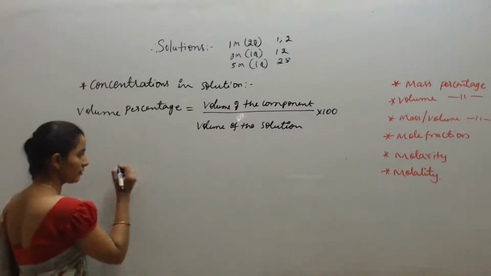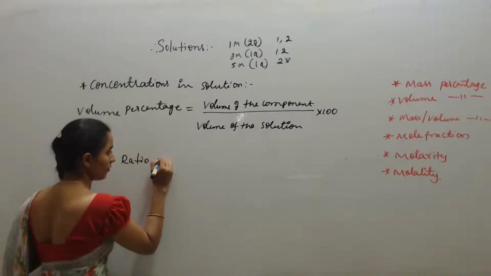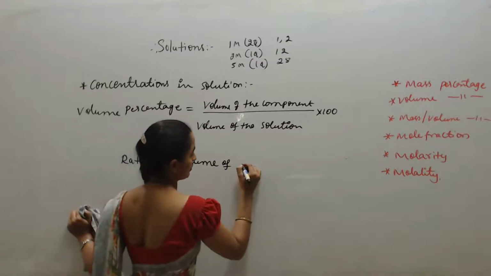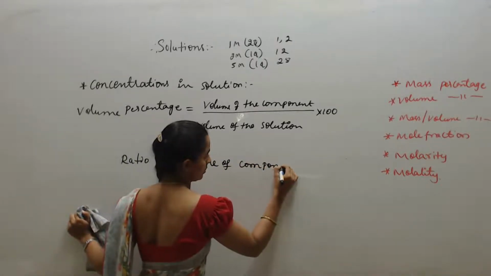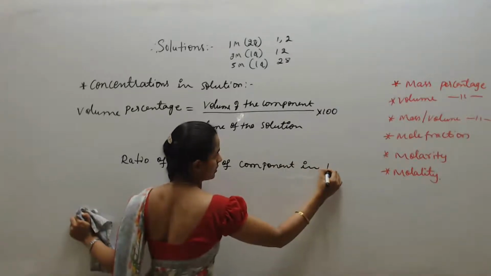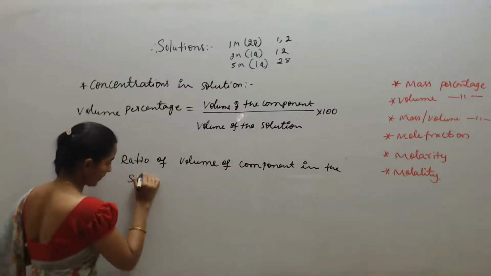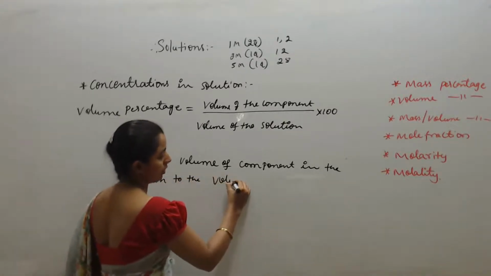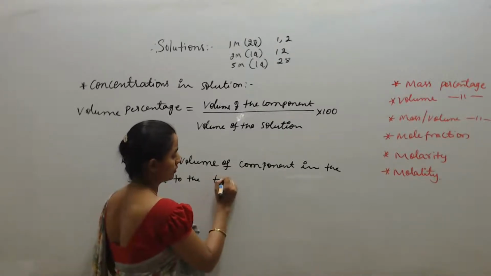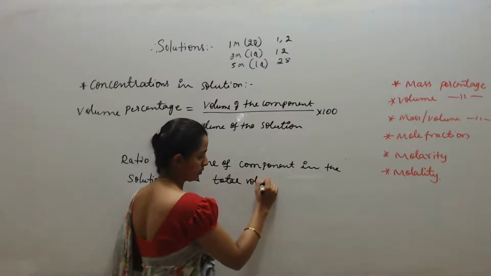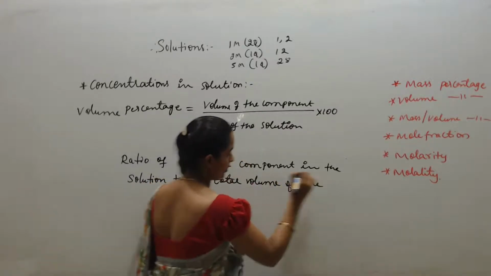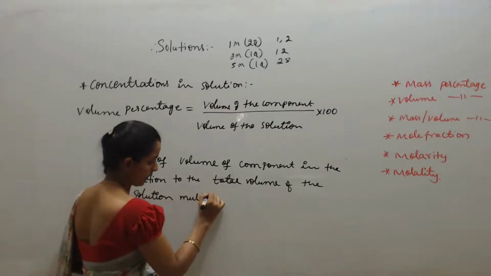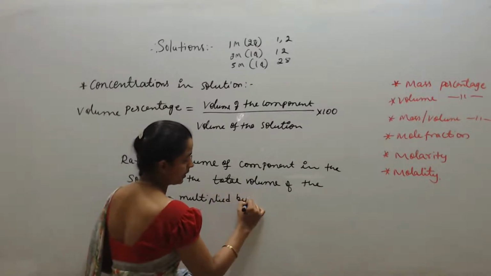It is defined as the ratio of volume of the component in the solution to the total volume of the solution multiplied by 100.